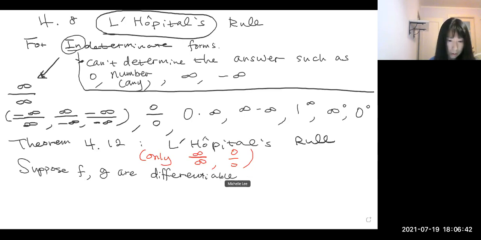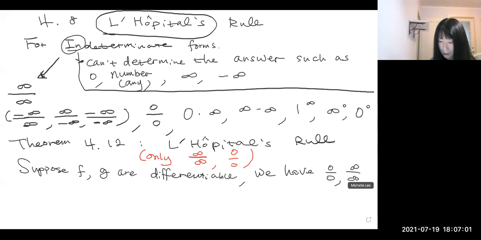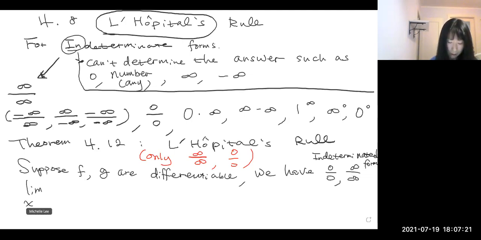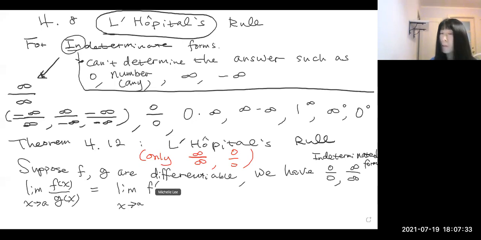Okay, now if we have, let me just make up, 0 over 0 or infinity over infinity indeterminate form, then we can say that limit when x approaches a, f of x over g of x equals, we do derivative, okay?